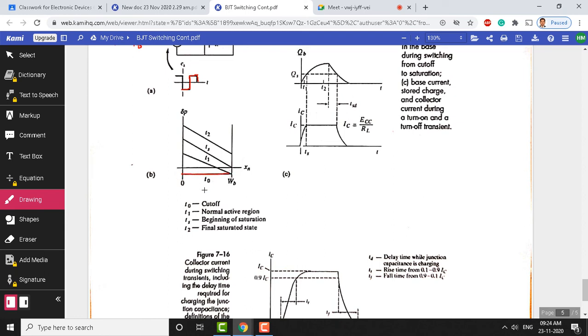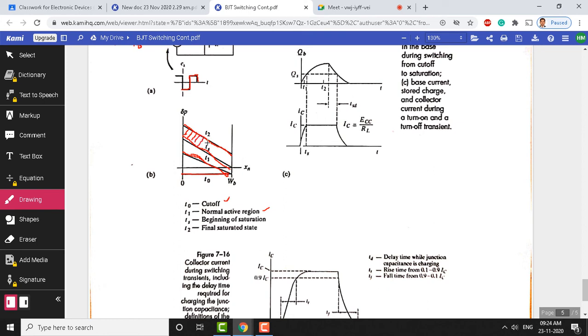This line corresponds to cutoff, and T1 corresponds to the normal active region. This line is normal active, and Ts is nothing but the beginning of saturation. We have seen this. T2 is final saturation, and this region is the oversaturation region.